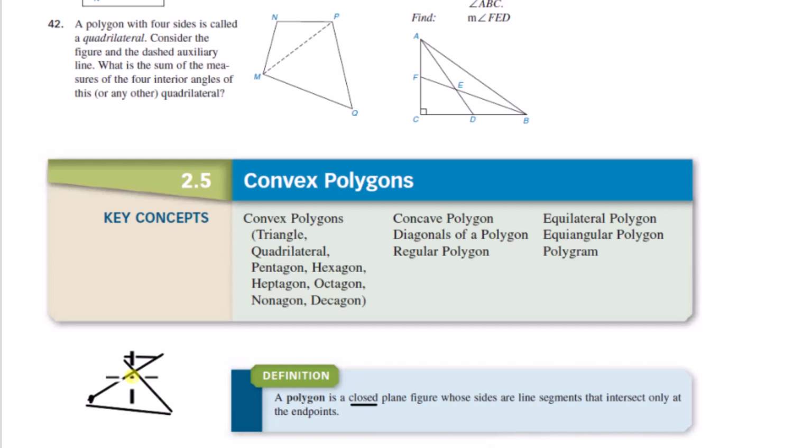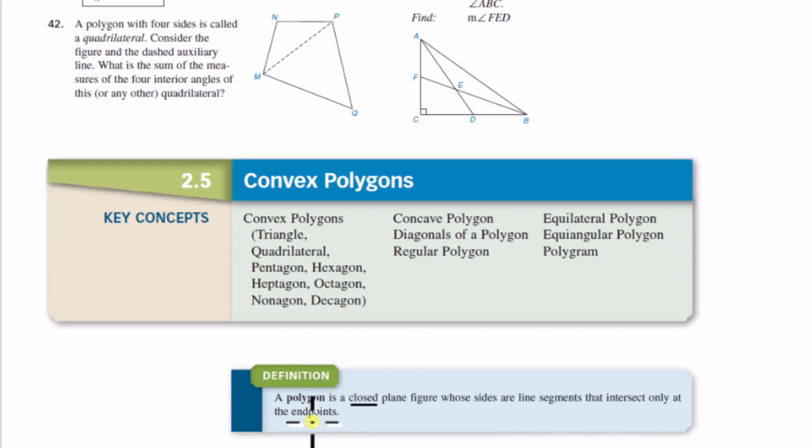So it's this closed planar figure whose sides are line segments. You could have a closed planar figure where maybe only one side is a line segment, something like that. But the sides of this closed planar figure don't have sides that are line segments. So it has sides that are line segments, and these line segments intersect only at the endpoints. That's a polygon. That's what a polygon is.